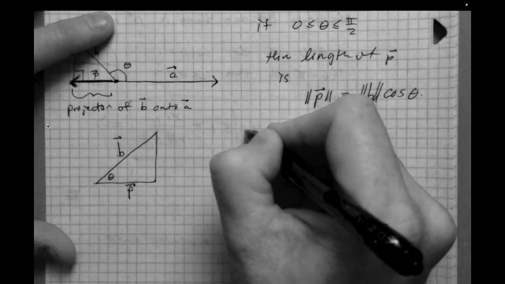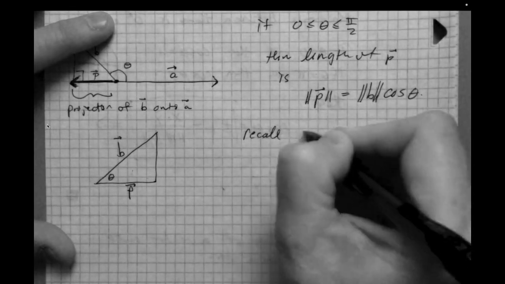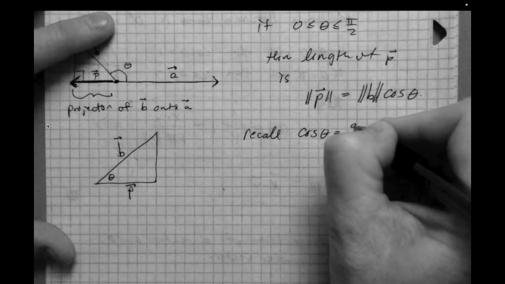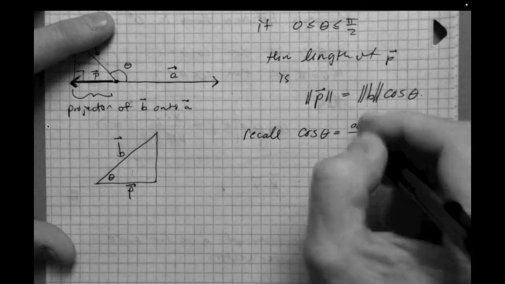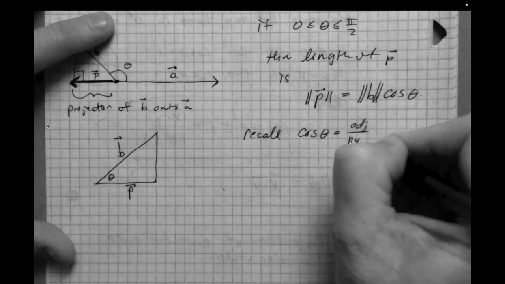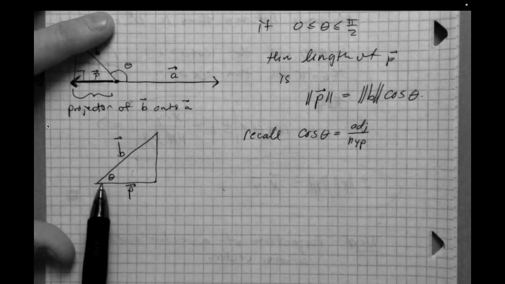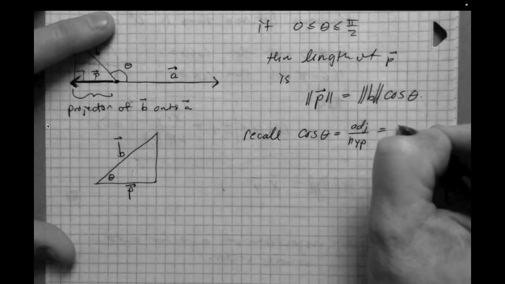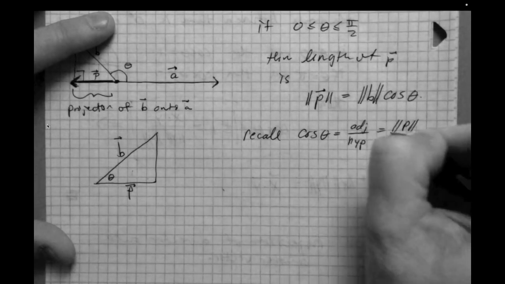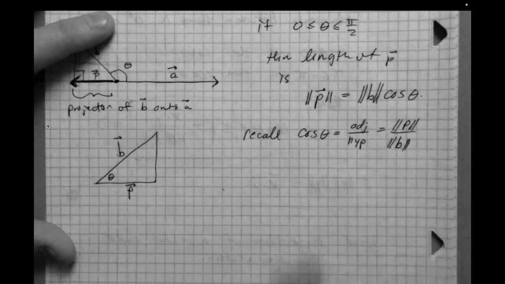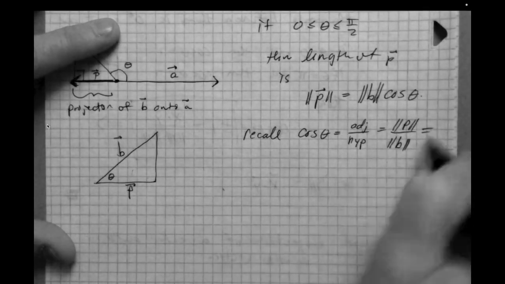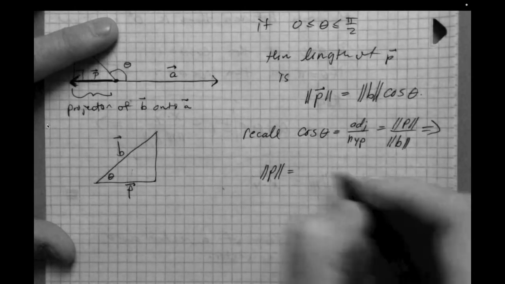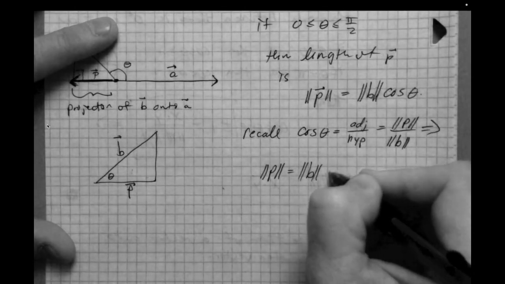Well, just recall from trig that the cosine of theta is equal to the adjacent side of the triangle divided by the hypotenuse, right? So if this is theta, then the adjacent side is P, and the hypotenuse is B. So this would be P over B, like so, and then it's just a quick algebra trick to say that the norm of P must be B times cos theta.